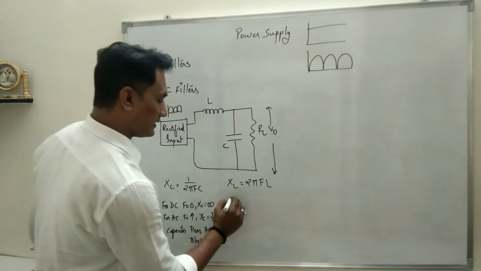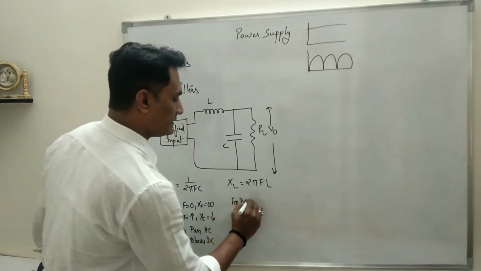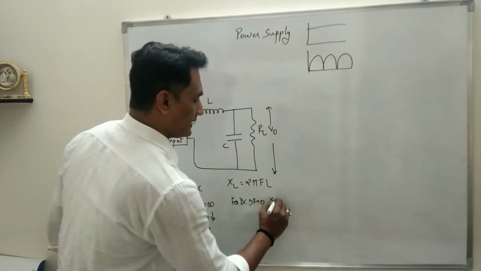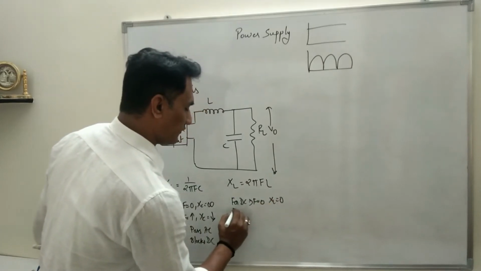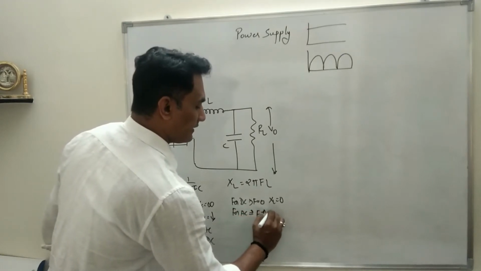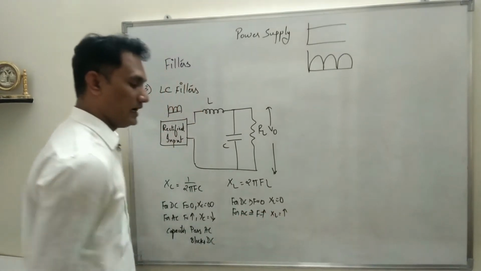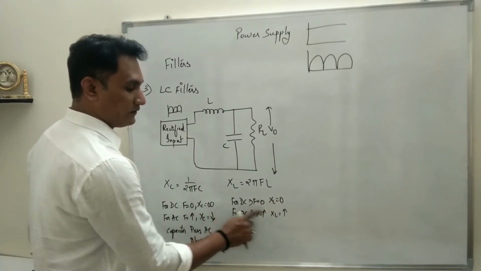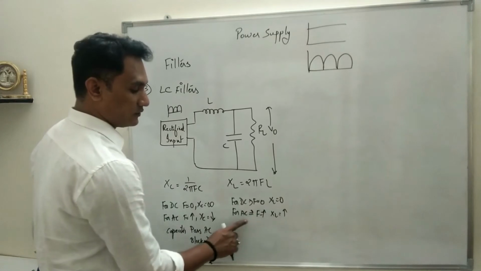Similarly, for the inductor, for DC frequency is 0, therefore XL will be 0, and for AC frequency will be high, so inductive reactance will be high. When the resistance is 0, that means it can pass DC. When the resistance is high, that means it will block.